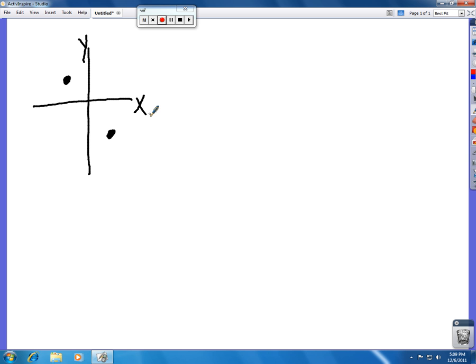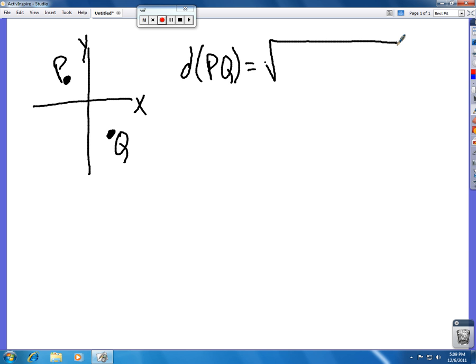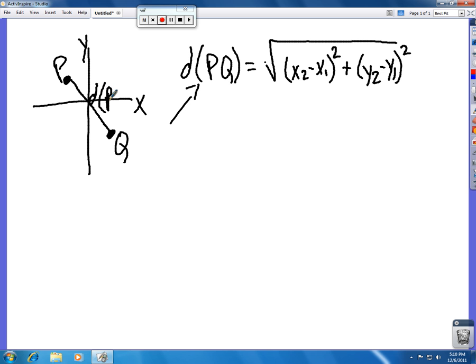So in this case, for your distance formula, let's say this is Q, this is P. The distance formula for something like this will be the square root of x2 minus x1 squared plus y2 minus y1, and again that will be squared. You'll use this formula when you're trying to calculate the distance between 2 points when they are not directly across from each other on the y-axis.